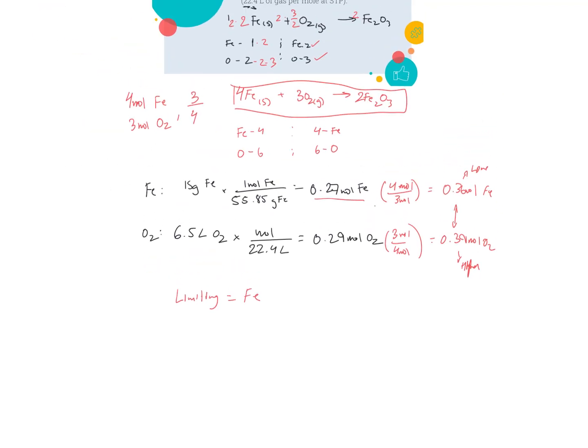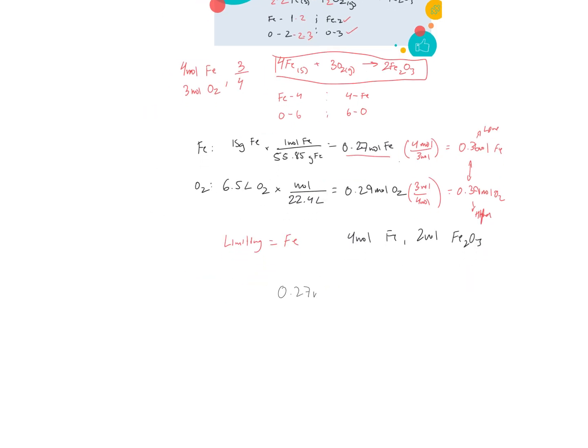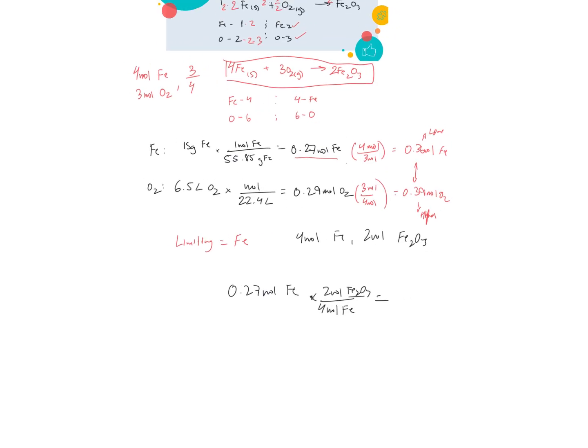And so if I look at my mole ratio here, for every 4 moles Fe, I have 2 moles Fe2O3. And so I'd take the number of moles of Fe, 0.27 moles Fe. Again, for every 4 mole Fe, I have 2 mole Fe2O3. So I should divide this number by 2. And I'll get 0.135 mole.